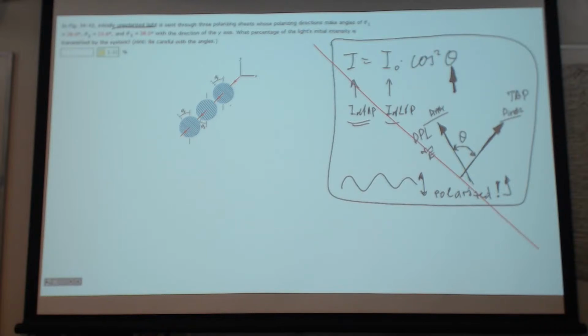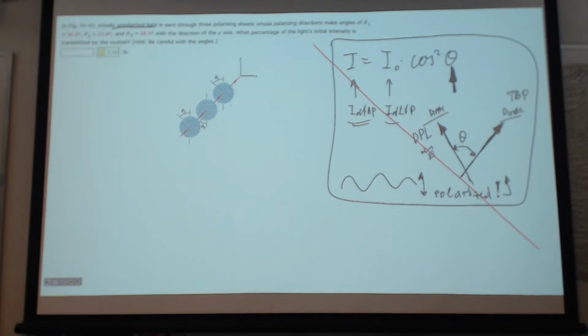That means you need to use something else. Do you have any other equations that relate the intensity of light before and after a polarizer? Is it I equals 1/2 of I naught? Exactly. So this is the first equation we have to use.